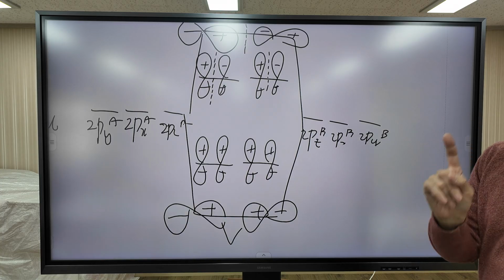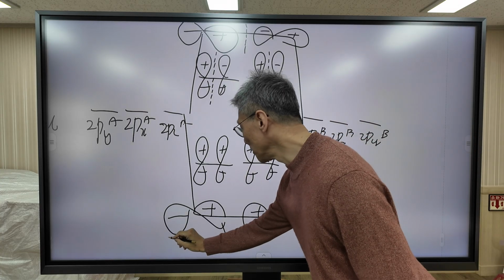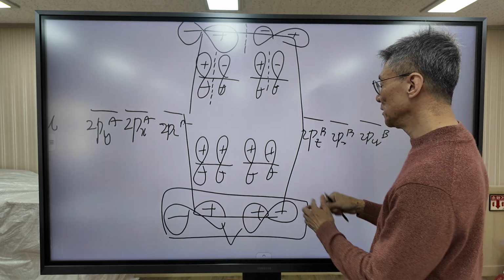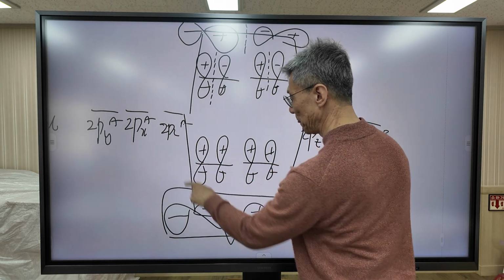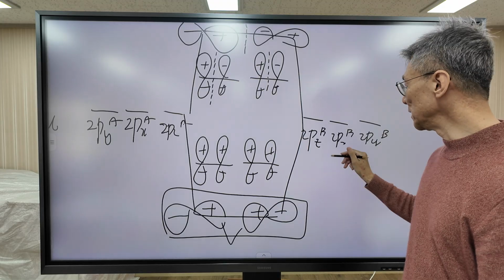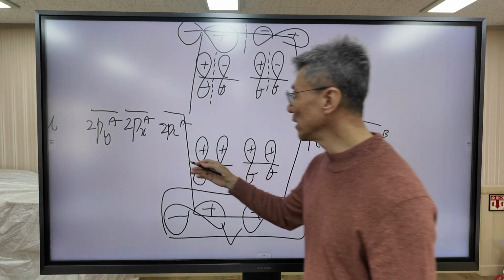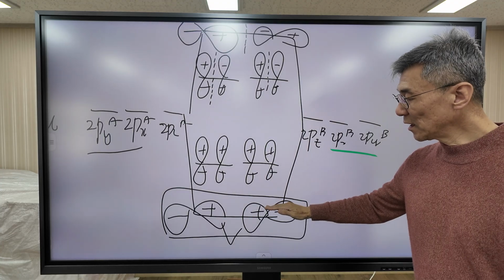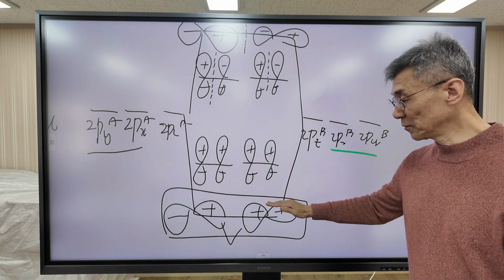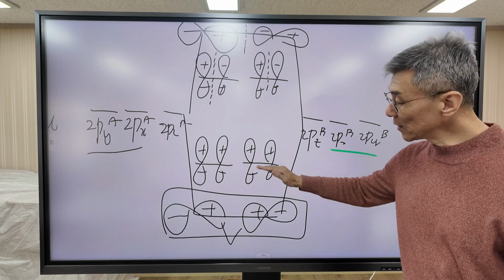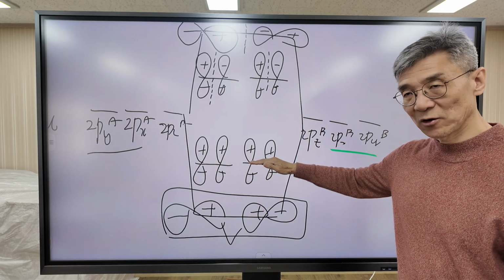So one question remains. This is the bonding orbital which comes from interaction between 2pz orbitals. This is the bonding orbital which comes from interaction between 2px and 2py. But the energy level of the bonding orbital which comes from 2pz is lower than this pi orbital.